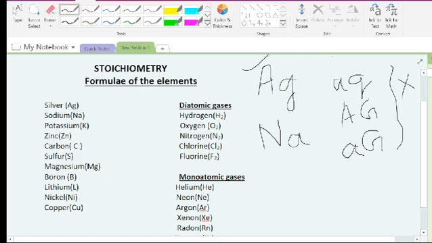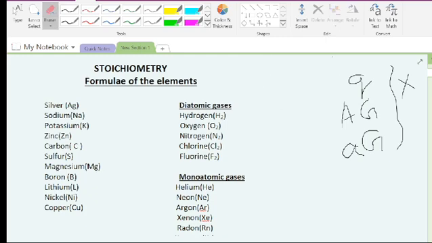Okay, so keep that in mind: whenever we write the symbol or the formula of an element comprising two alphabets, the first letter must be a capital and the second alphabet must be smaller. Is that clear?